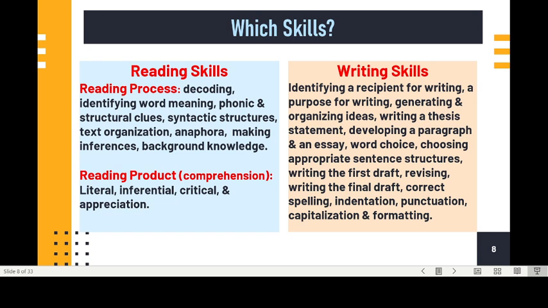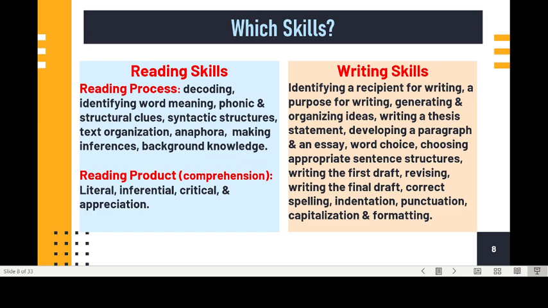They should be able to develop a paragraph and also a whole essay, select the appropriate words, choose appropriate sentence structure, write the first draft, revise the draft, then write the final draft. They have to be able to correct their spelling, also take care of indentation, punctuation, capitalization, and formatting.